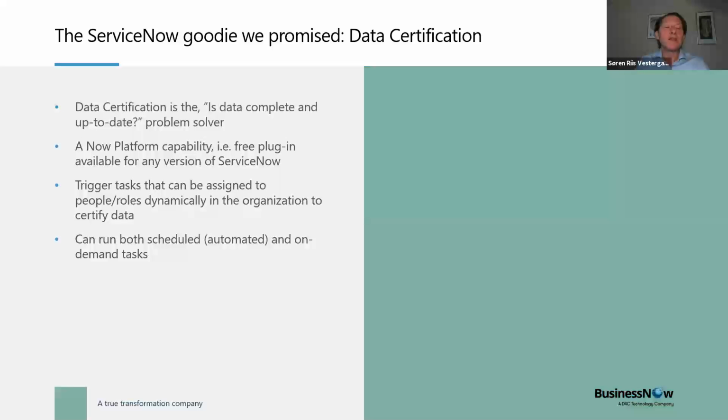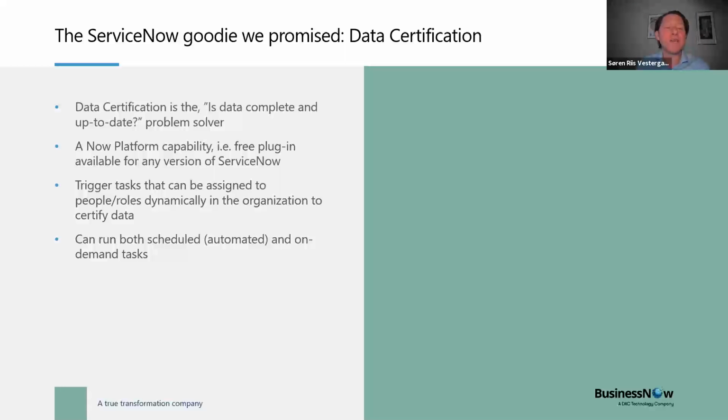But the data certification is a data completeness, up-to-date, correctness problem solver. It's free. It's available for any version of ServiceNow. It can, through schedules that you set up and define, trigger tasks that are assigned dynamically to people or roles in the organization, asking them to certify data completeness and correctness.